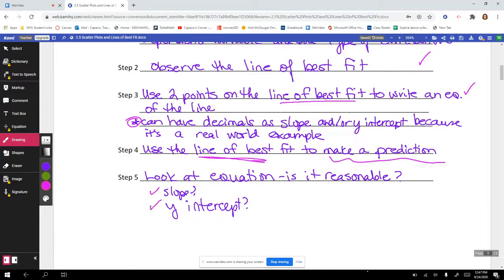Does the y-intercept, again, seem like it's about okay? If your y-intercept is 250 and it looks like the graph is 270, that's fine. It's a line of best fit. We're doing the best we can. But if your equation of your line has a y-intercept of 250 and you look at the graph and it looks like it's 20, then you were off somewhere, you need to go back.